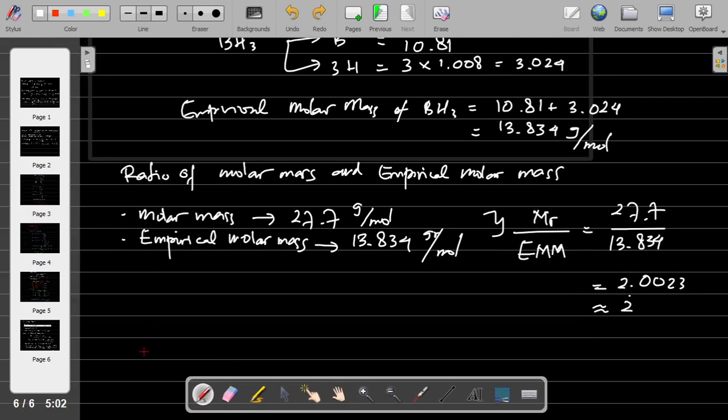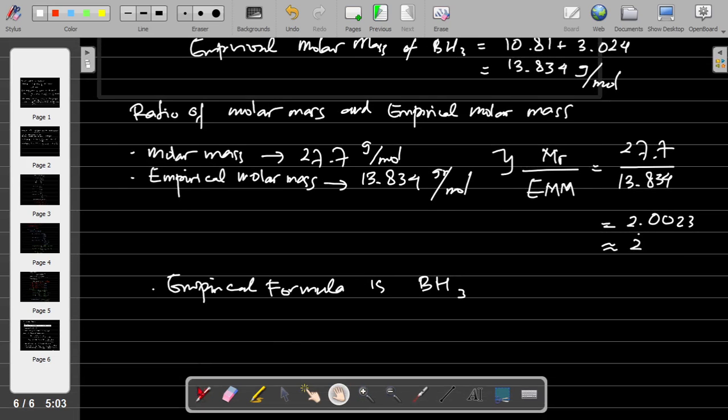So the empirical formula is BH3, and the molecular formula is 2 times BH3.